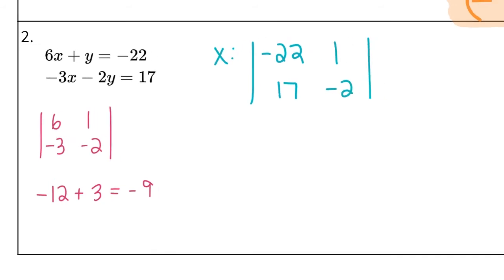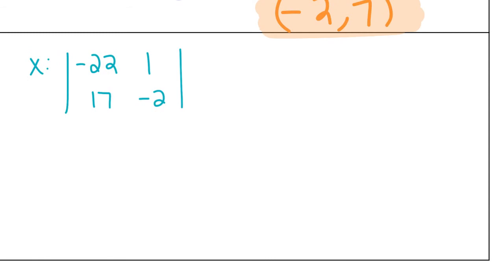Okay, let's find a determinant of that. So our first diagonal would give me positive 44 minus our other diagonal, 17. So 44 minus 17, again, I'm going to use my calculator. I want to make sure I do this correctly. That gives me 27.